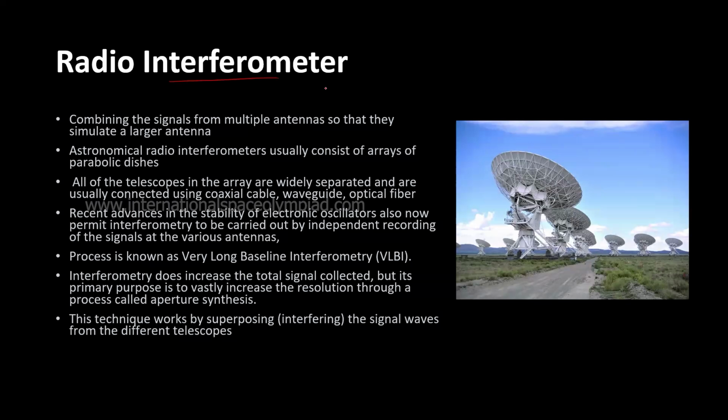Just leave the science behind it, because you haven't learned interference in your class yet. Just understand that radio interferometry is a technique where, suppose I want to make a big radio telescope like this, instead I place one small telescope here, one here, one here, and so on, spread over almost the same size.